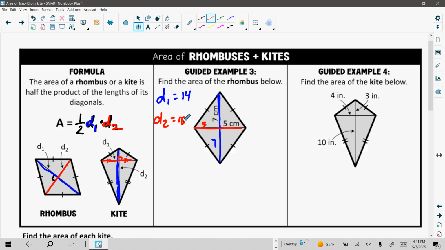That's going to be 10. So we're going to plug it into our formula. A is 1/2 diagonal 1, which is 14, times 10. So half of 10 or half of 14, this comes out to be 70 centimeters squared.